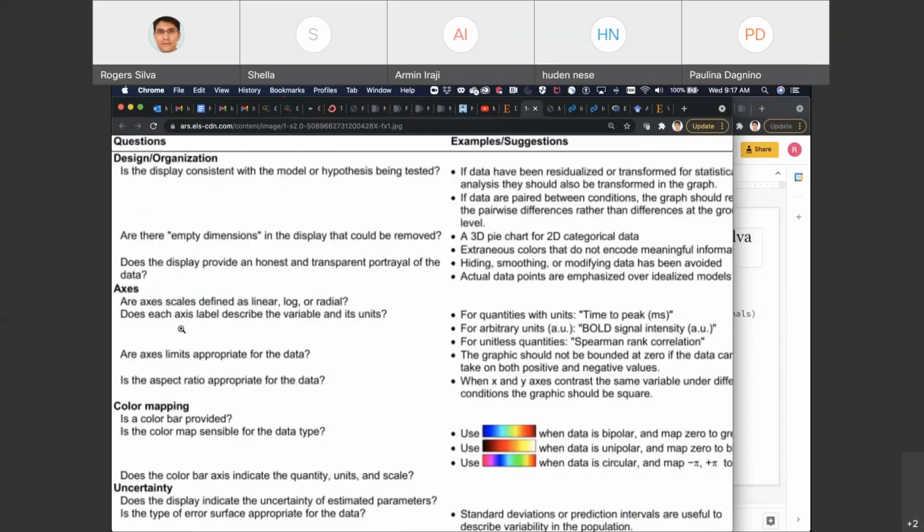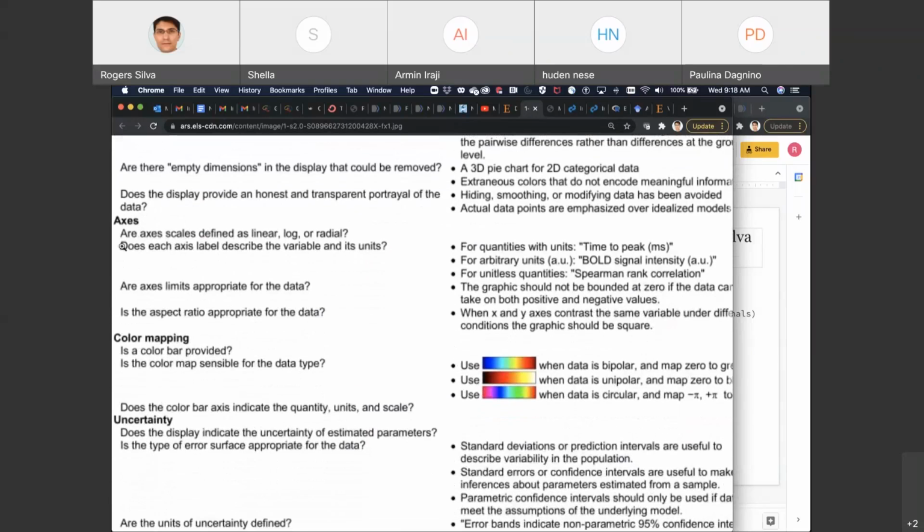So there are main categories here about the design and organization of your graphs, the axis. This is talking about indicating the scale of the graph, whether the axes are labeled, if the limits are appropriate. And here on the right side, it provides some solutions, right? Some examples of different situations, how you would go about labeling.